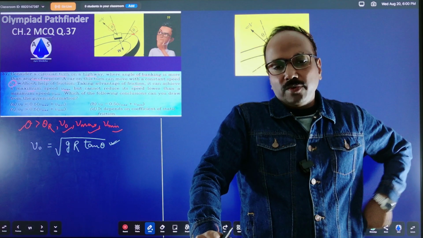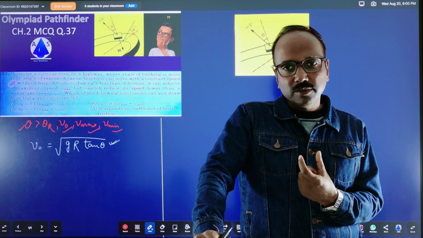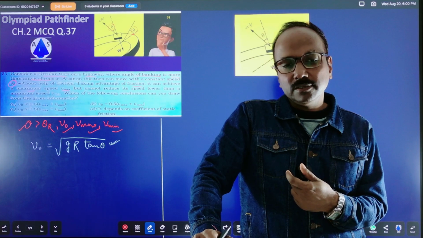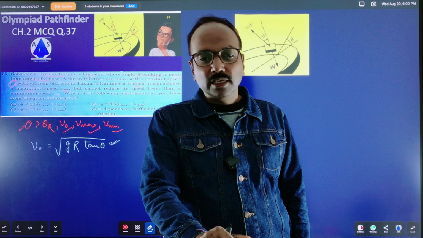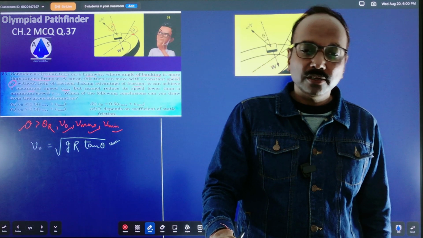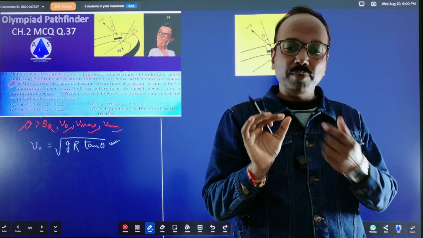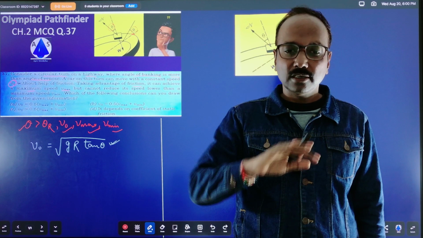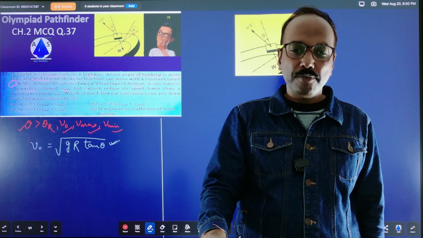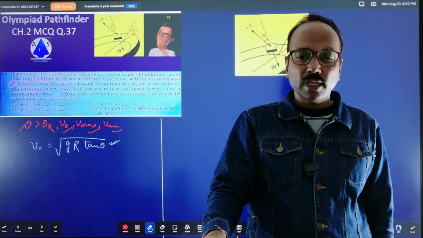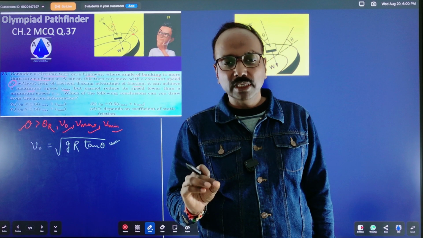So once the centrifugal force becomes so much that it becomes greater than your friction force mu N plus mg sine theta, the car will slide up. So there is a limit to increase the speed.